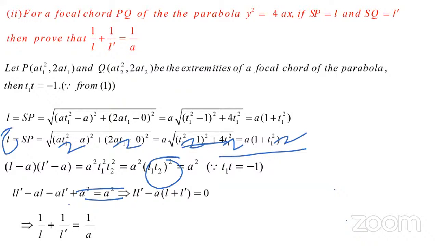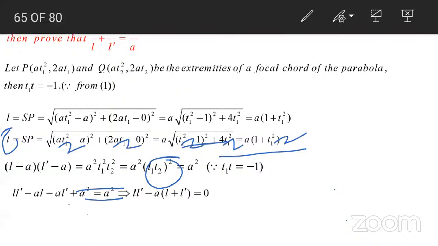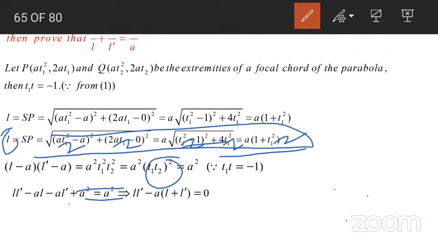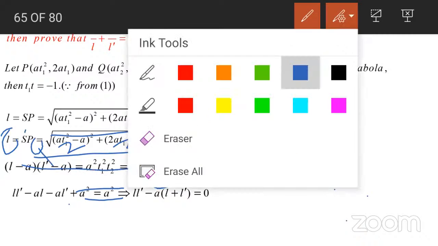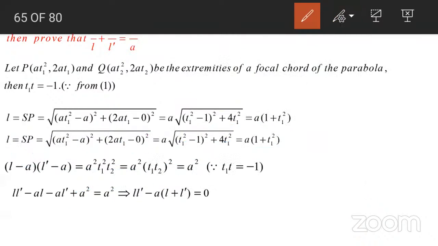Once again, I'm repeating: here L equal to SP and L dash equal to SQ, so the value is different.